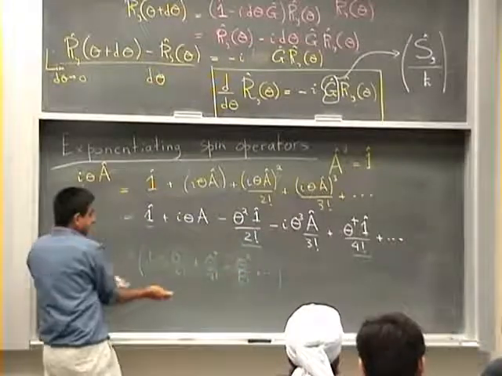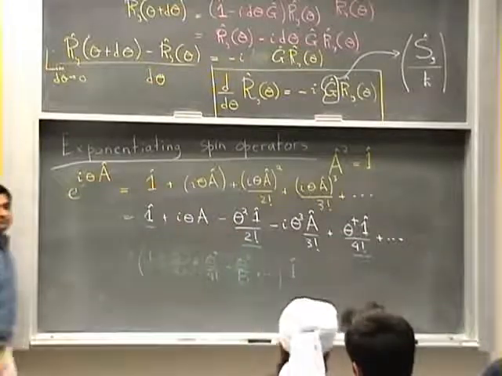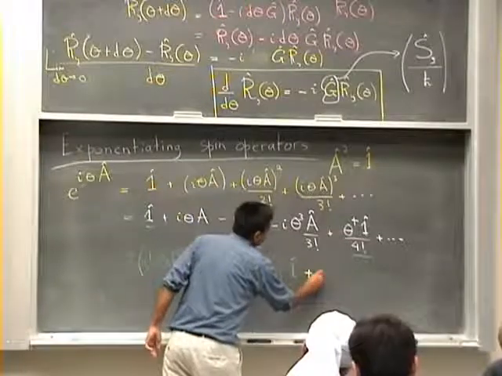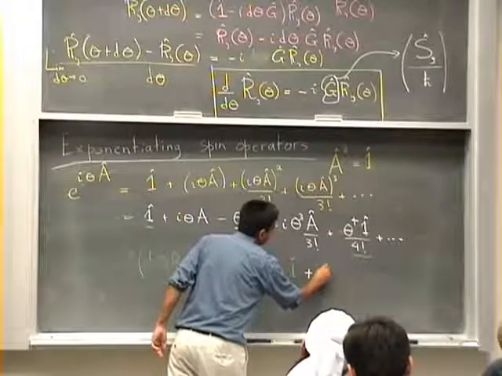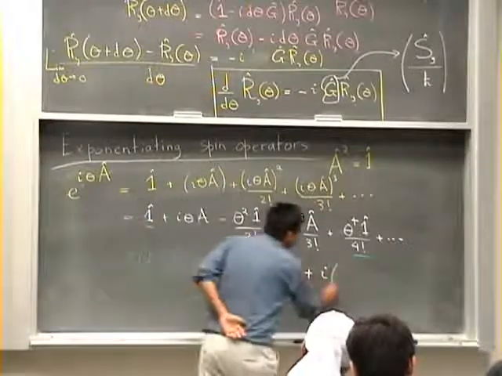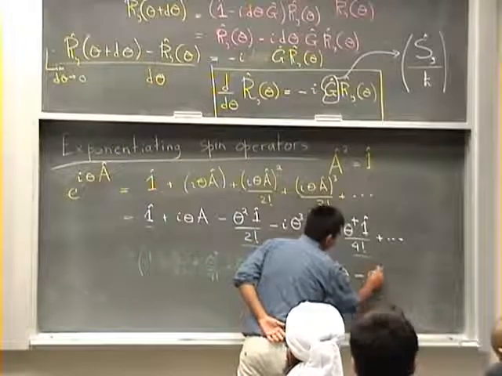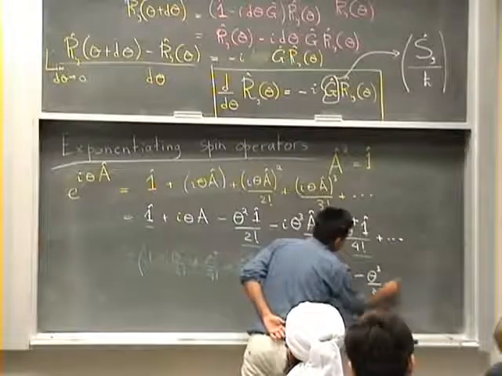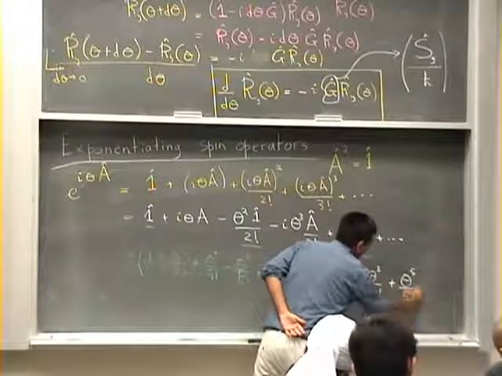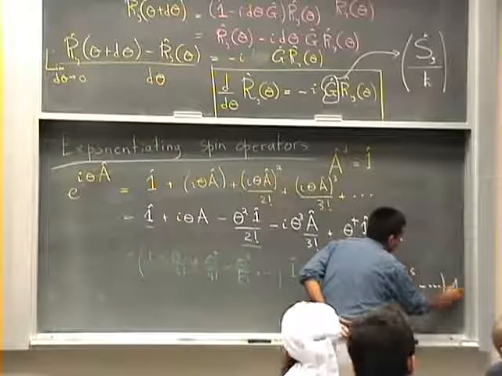And this is a scalar number and it's being multiplied by the identity operator. Plus an iota. Then I have theta minus theta cube by 3 factorial plus theta 5 by 5 factorial and so on, with an operator A.